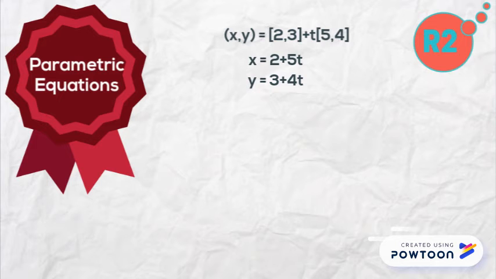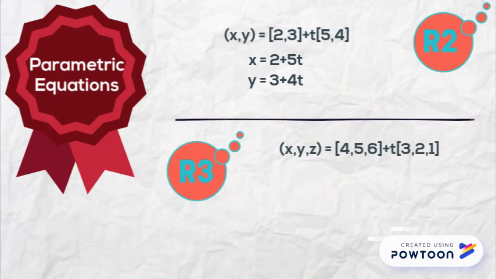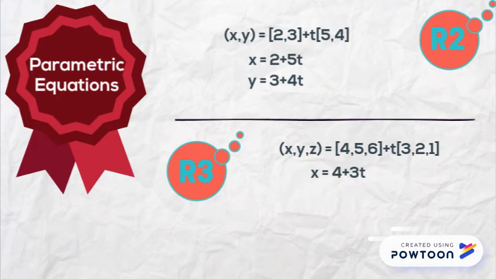For parametric equations in R3, we have (x, y, z) equals (4, 5, 6) plus t multiplied by (3, 2, 1). So we can write x equals 4 plus 3t, y equals 5 plus 2t, z equals 6 plus t.